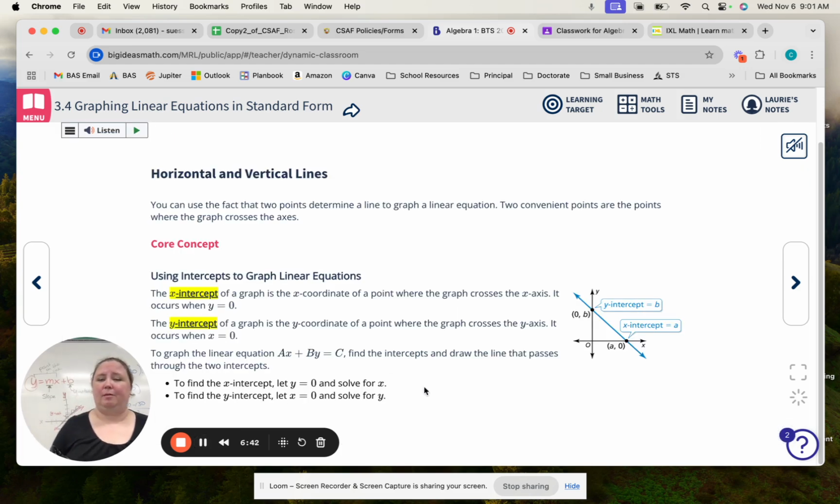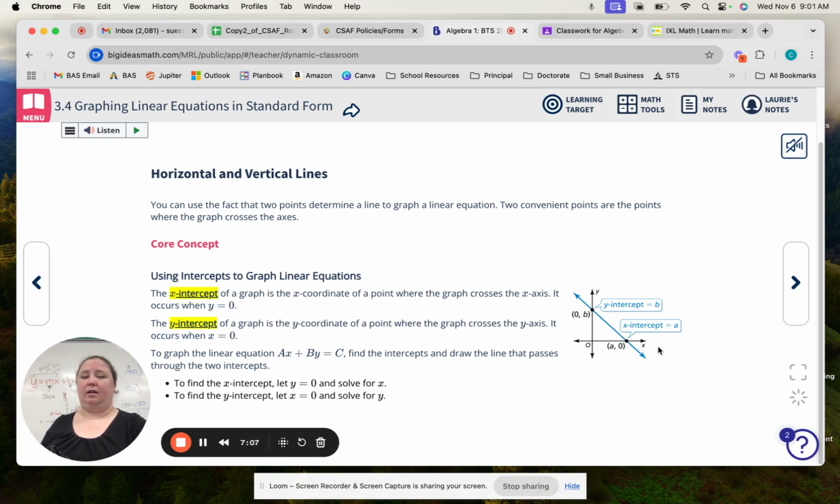Okay, so let's talk a little bit more about horizontal and vertical lines. I'm not going to ask you to write this stuff in your journal unless there's something that particularly stands out to you that you go, ooh, I should remember that. Let me write that down. But we've already talked about this a bunch since the beginning of yesterday's lesson and today's. The x-intercept of this graph is the x-coordinate of a point where the graph crosses the x-axis.